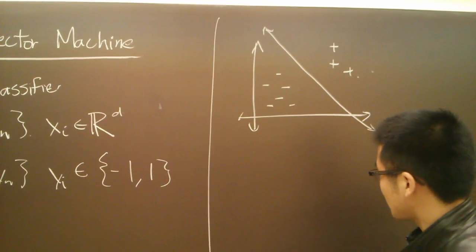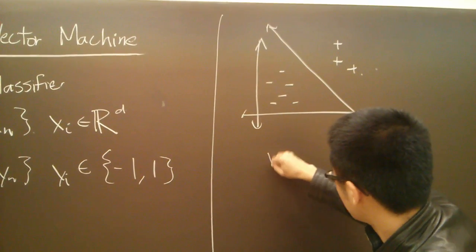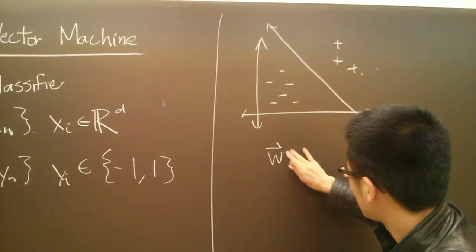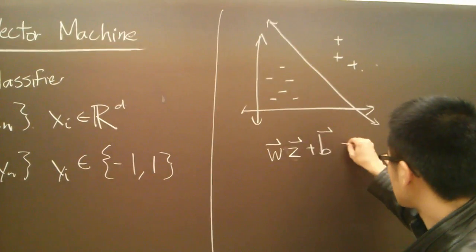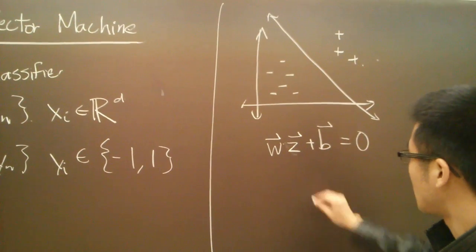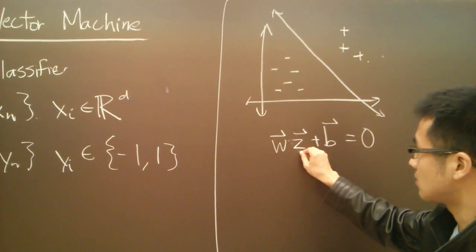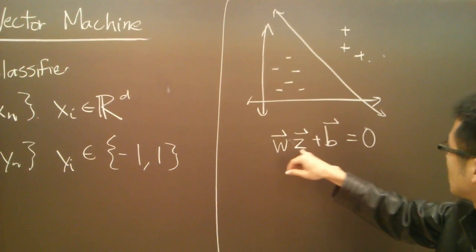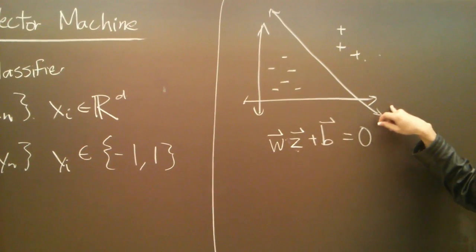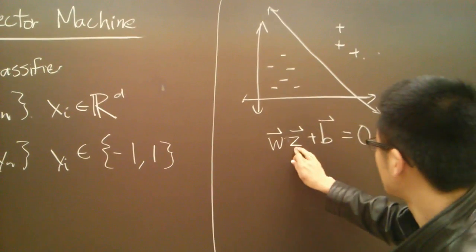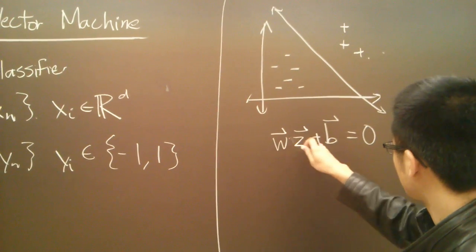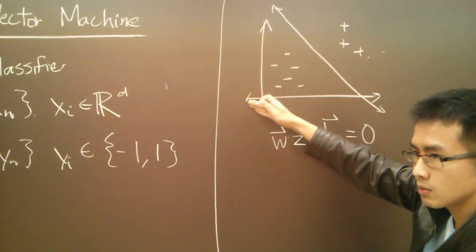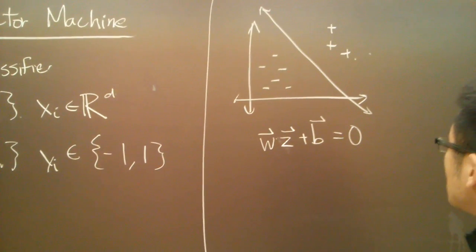So the equation for every hyperplane looks like this: w·z + b = 0. For any input z that satisfies this equation, z will be in the hyperplane defined by this equation, right? So w can be thought of as a slope type of thing, and b is like the separation from the origin.